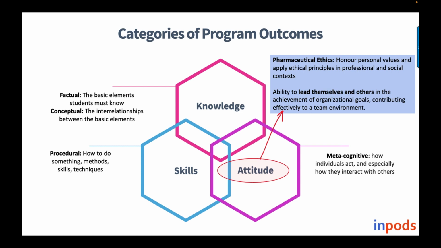So attitude has direct relationship with metacognitive skills or metacognitive knowledge dimensions. It covers how individuals act, how they self-evaluate, how they self-critique, how they find out what they don't know and try to learn more. So lifelong learning is also an ability that falls into the attitude category or metacognitive knowledge.